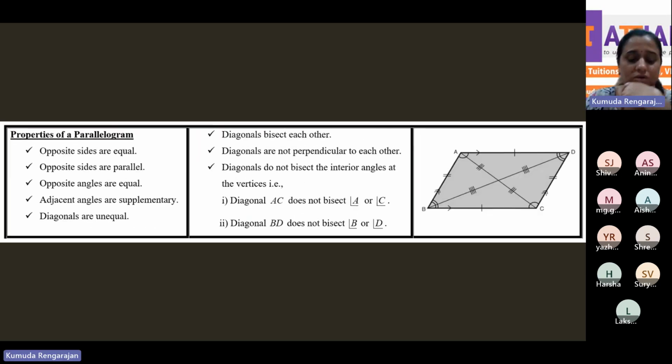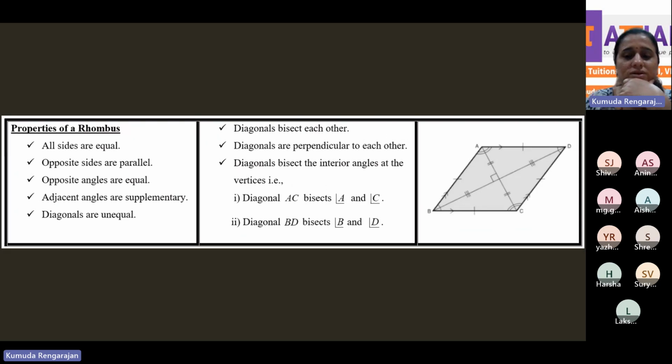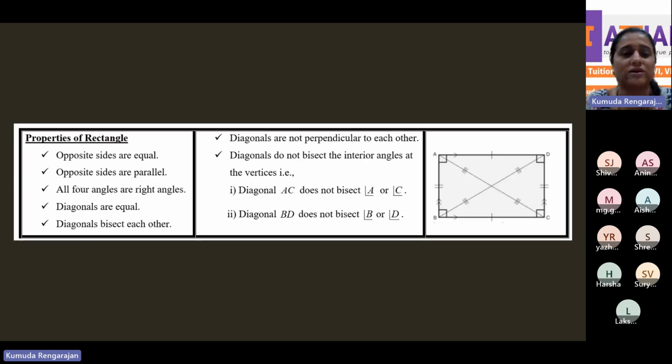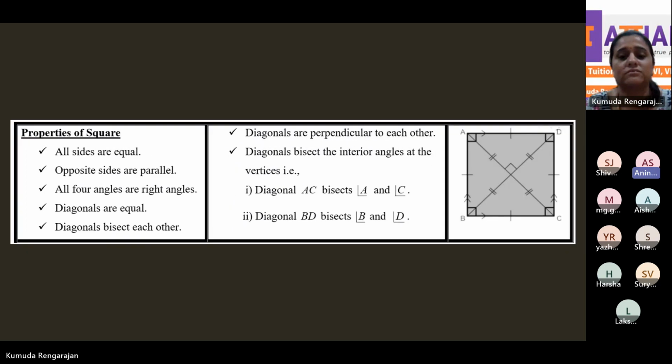So this was a parallelogram, rhombus. We finished rhombus? Yes, ma'am, we did. Take the screenshot. Okay, rectangle. Ma'am, can you go to the previous slide once? Sure, one minute. Let me just finish off.